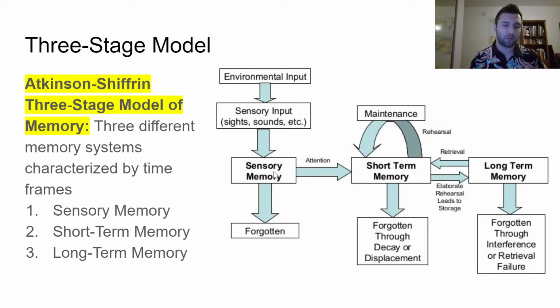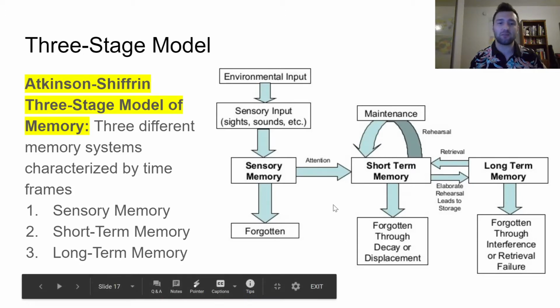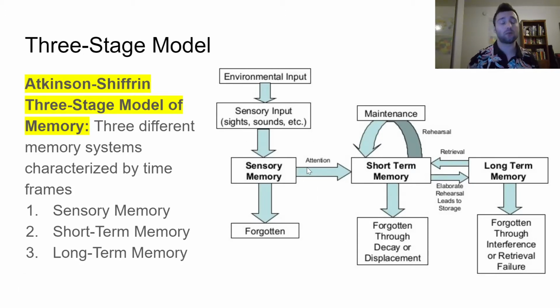From our sensory memory, it can either be forgotten very, very quickly, or we can give it attention. We talked a lot about selective attention during our sensation and perception unit. This is basically what we're talking about right here. Once we give sensory memory attention, whatever pieces we give attention to are going to move to the short-term memory.